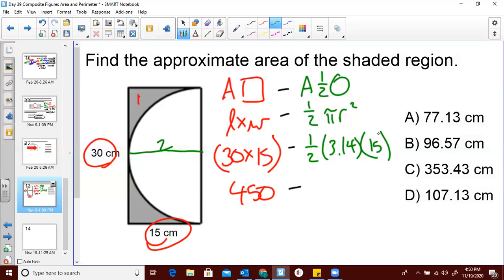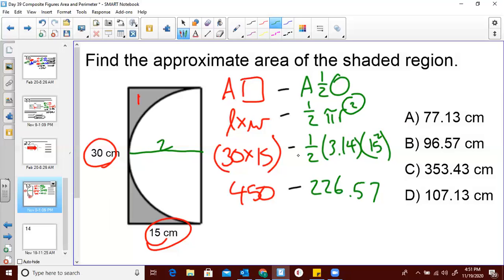All right, and then we also have to remember to square our radius. Always have to square the radius when we're doing an area of a circle. And that's going to be 226.57. Is that right? 15 squared times 3.14 times 0.5.